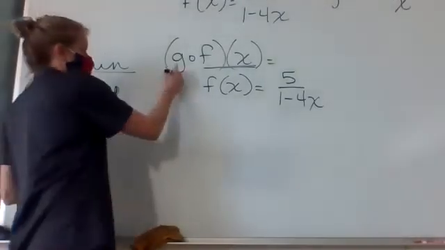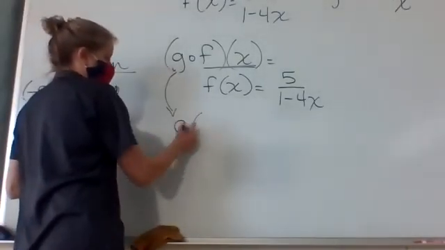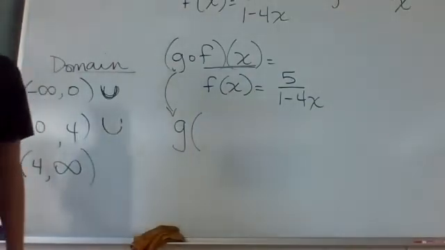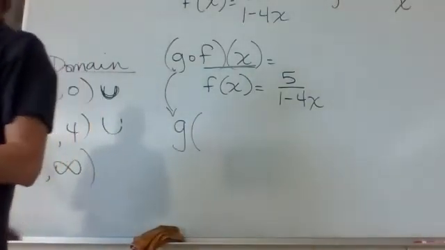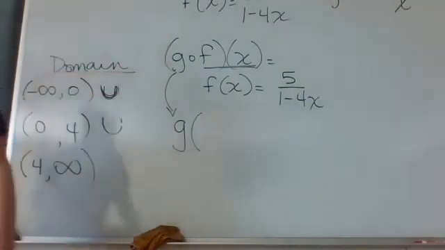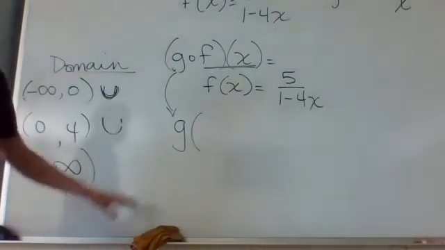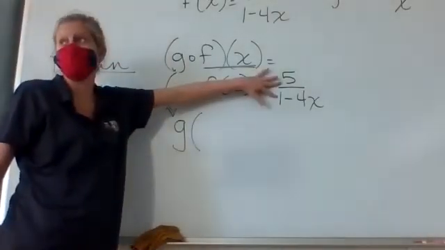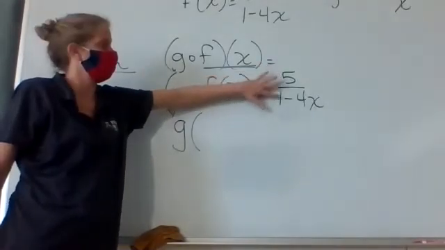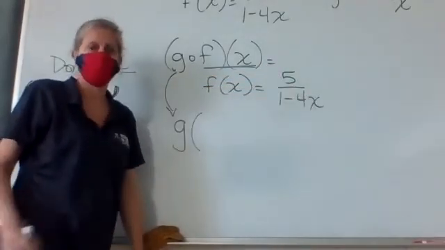So I'm done with that part. I drop down my g, and here's complicated, right? Because what am I finding? g of my last answer. What is my last answer? 5 over 1 minus 4x.